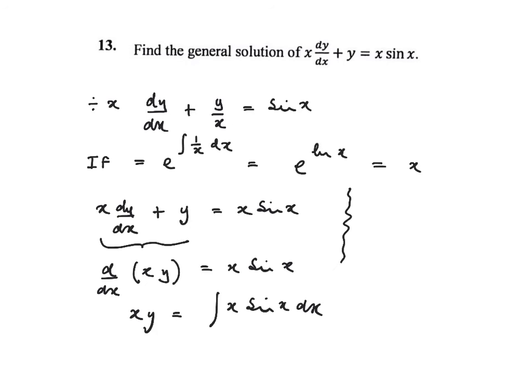Now, we're going to have to employ integration by parts, so u equals x, u dash equals 1, v dash equals sine x, and v equals minus cos of x. So xy equals u times v, so that's x, times minus the cos of x minus v times du.